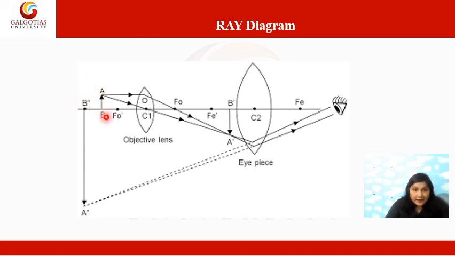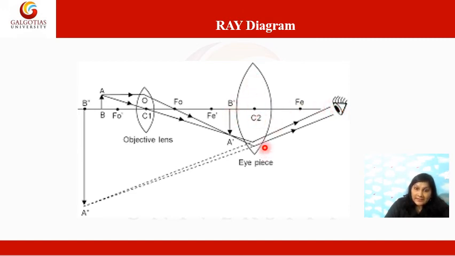So we are starting to explain the ray diagram from the objective only. You can see the light rays are passing first through the objective lens and will make an image at point B dash A dash. You will get the picture of AB over here as an image A dash B dash. Now this image will act as an object for the eyepiece that is mounted in an optical tube and which is closer to the eye of the observer.